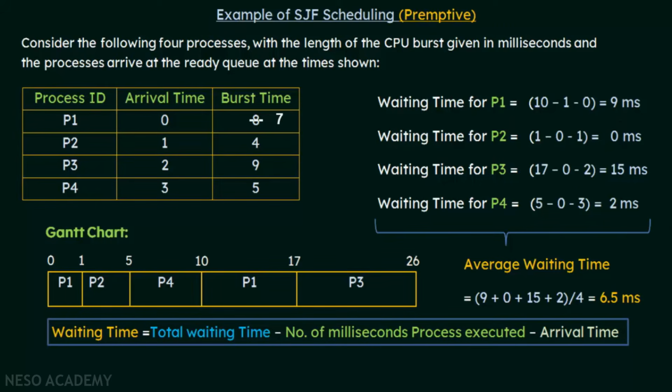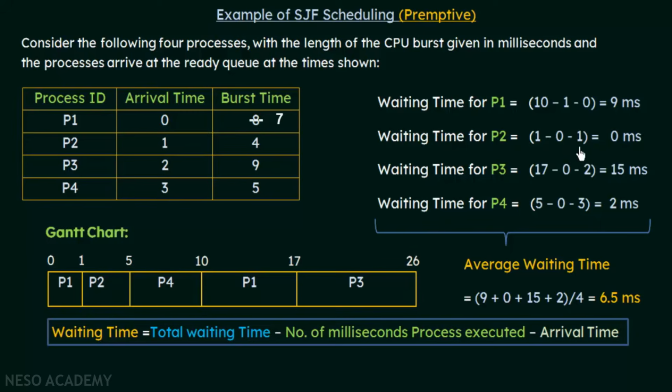Now let's see for P2. What is the total waiting time for P2? So we see that for P2, it got the CPU at 1 millisecond. So 1 was the total waiting time for P2. Then how long did P2 execute before that? So we see that P2 did not execute before that at any time. So it is 0. And what is the arrival time? Arrival time of P2 is 1 millisecond.